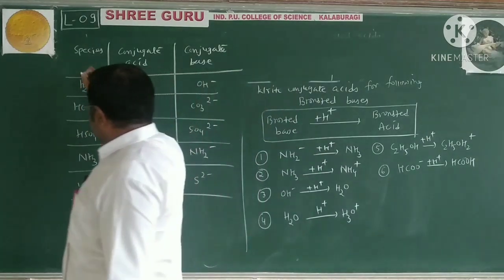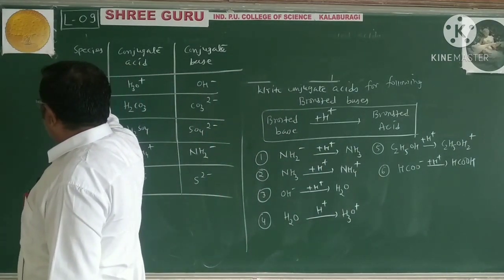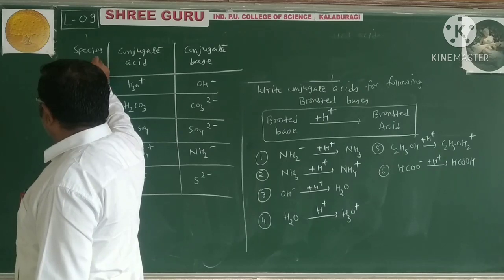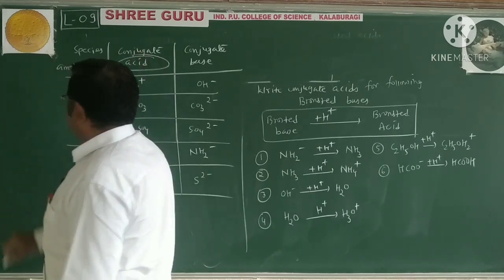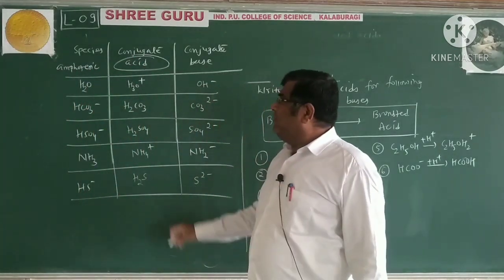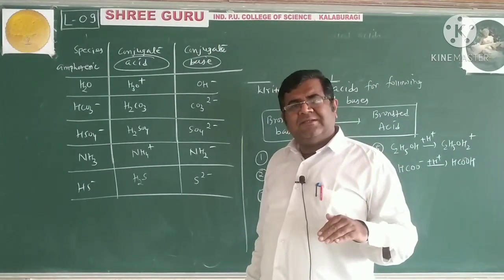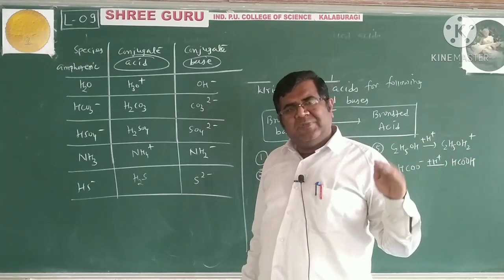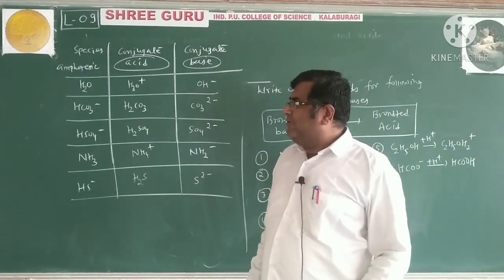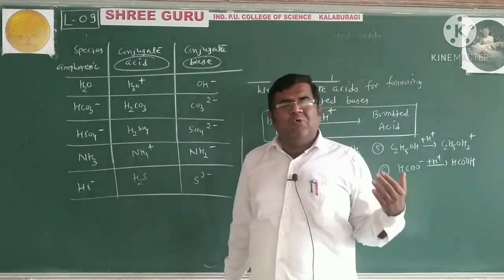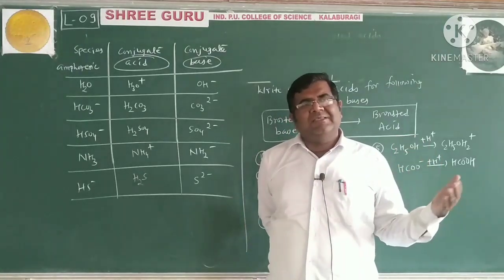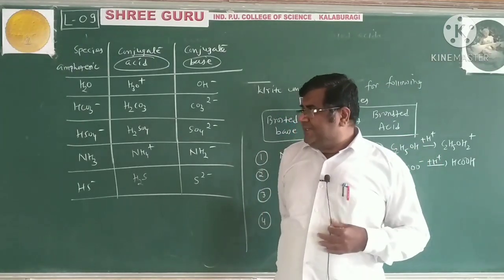So these species we call amphoteric because we can form acid and base from them. They can act as acid and form base, act as base and form acid. That's why we call them ampho, meaning they have both natures, acidic nature as well as basic nature.